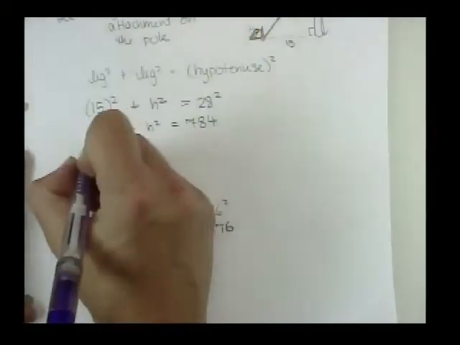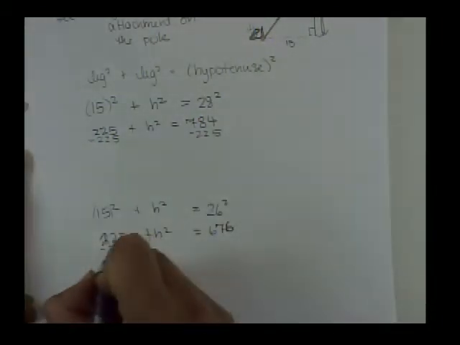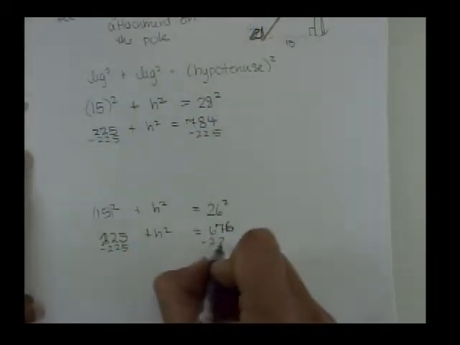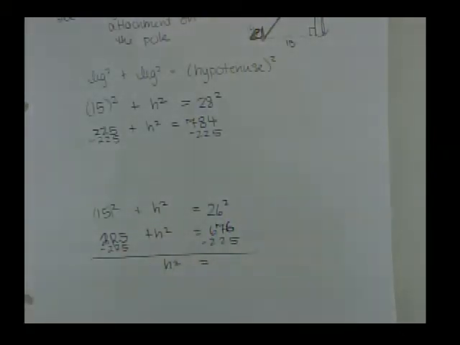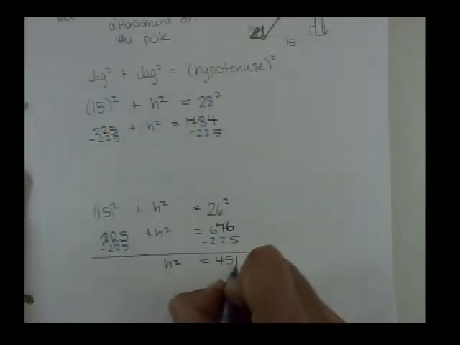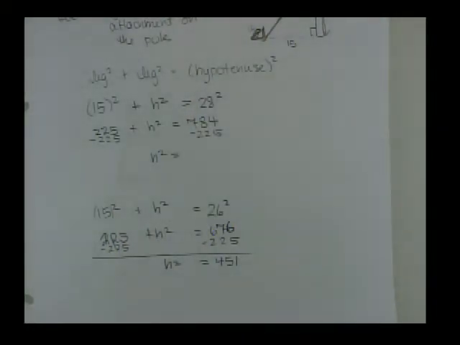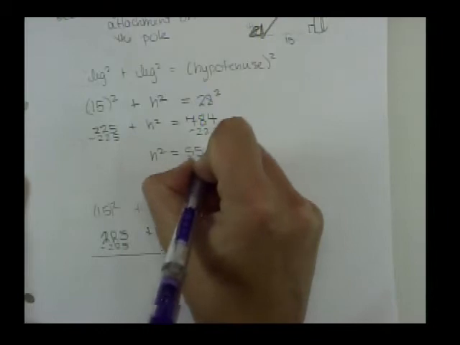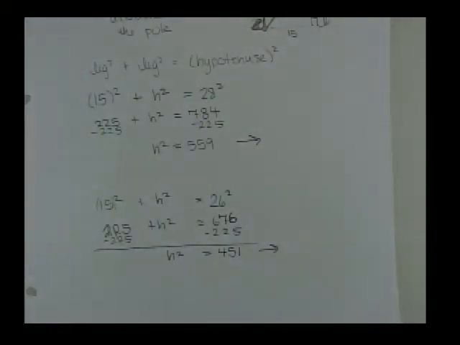Subtract 225. So h squared equals, in the second one, we'd get 451. In the first one, we get 559. So if we want to solve for h, what would we have to do on each side? Square root.